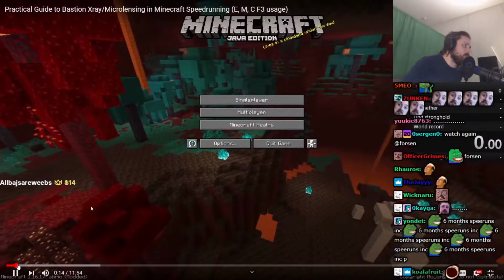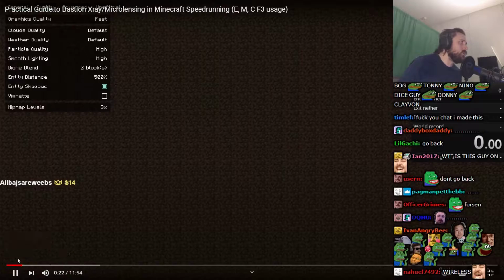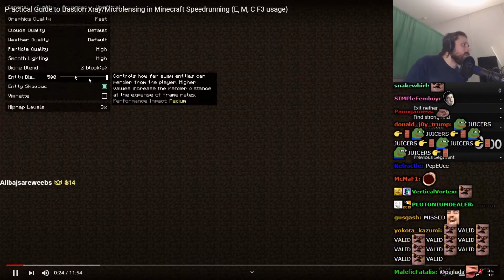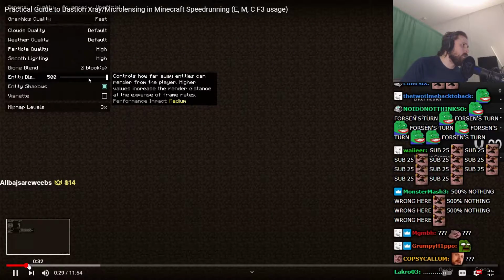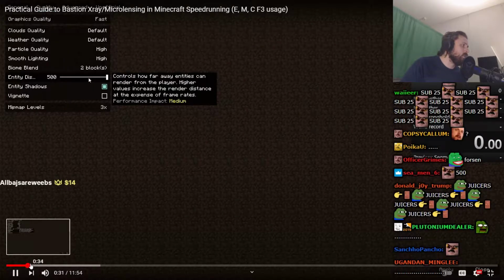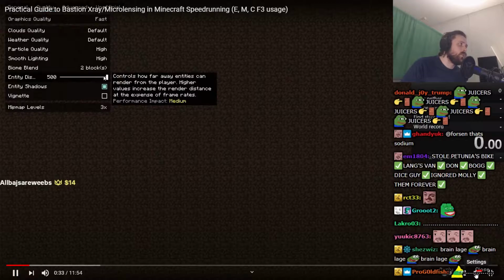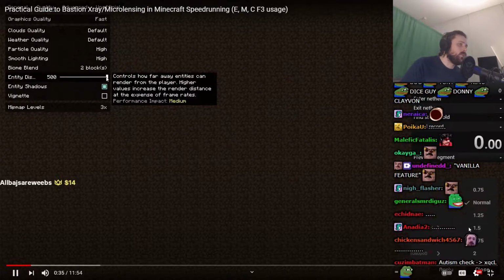Okay, what are you talking about? Entity percentage. It'll look different. Entity distance to 500. But this is a vanilla feature. You technically don't need it this high at 500%.